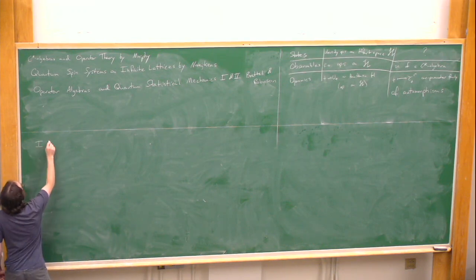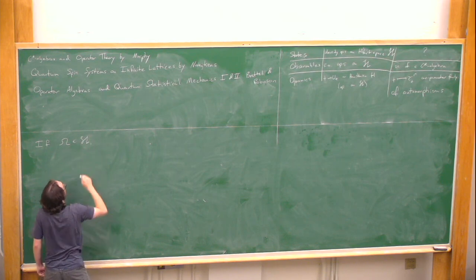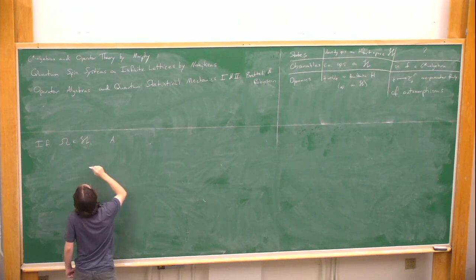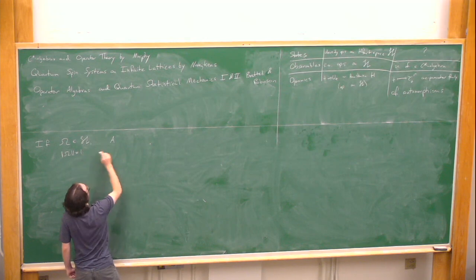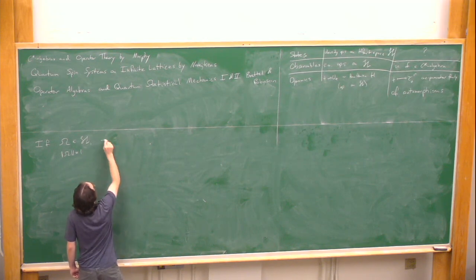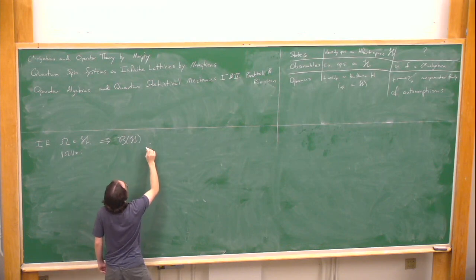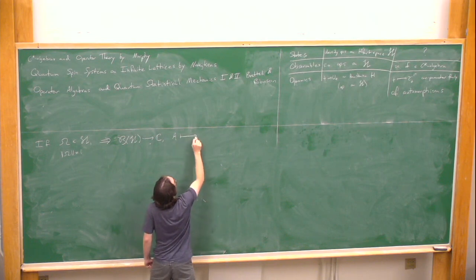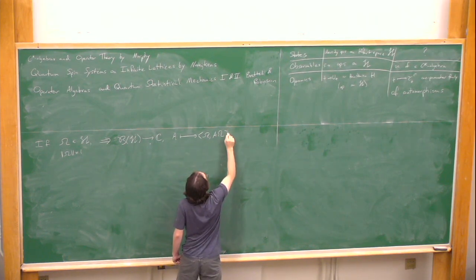So if I have a unit vector omega in H, with norm of omega equal to 1, this gives me a map on B of H to the complex numbers, which maps A to the expectation value in the state omega.